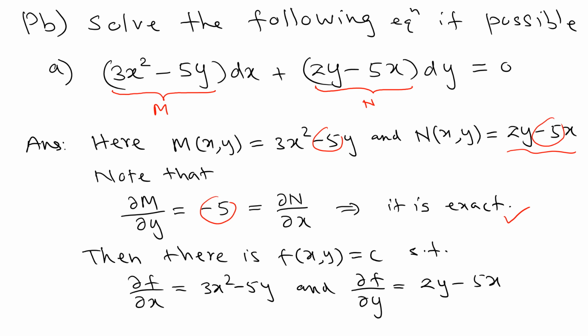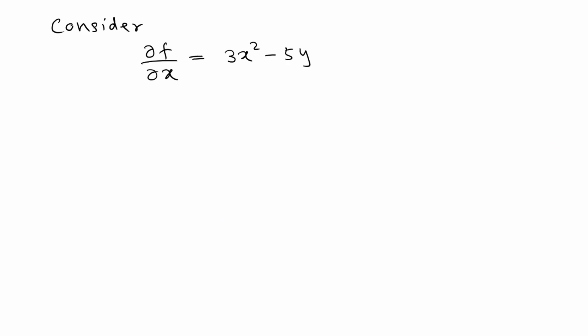So let's do that. We pick the first one, the partial of f with respect to x equals 3x squared minus 5y, and then since this is a partial derivative with respect to x, you integrate with respect to x to remove that.